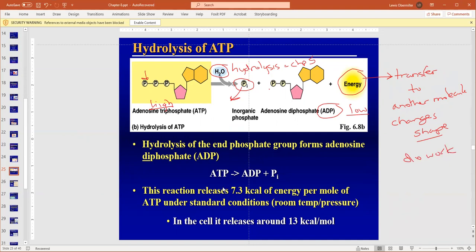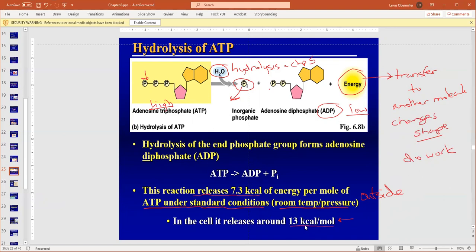All right. So the specific amount of this energy released is 7.3 kilocalories. You don't need to memorize that, but I'm going to go through sort of how this works, and so that's why I'm throwing this number out there. This is under standard conditions, and this is outside of the cell. So for whatever reason, inside the cell, it's closer to 13 kilocalories.